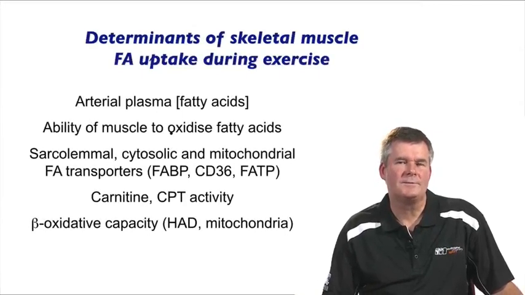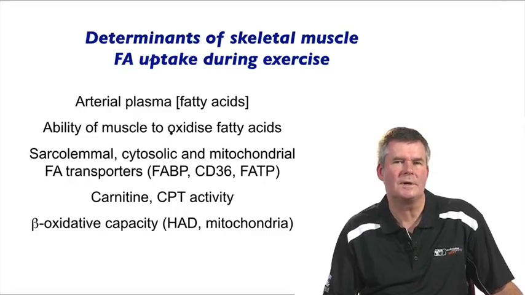Now, for those plasma free fatty acids that need to be taken up by contracting muscle, for many years it was thought that this occurred by simple diffusion, and that by raising the plasma levels of free fatty acids, that would automatically increase fatty acid uptake into muscle. And to a large extent, that's true, but it's also been shown in recent years that an important part of free fatty acid uptake occurs by facilitated diffusion, in much the same way that we saw for glucose uptake.